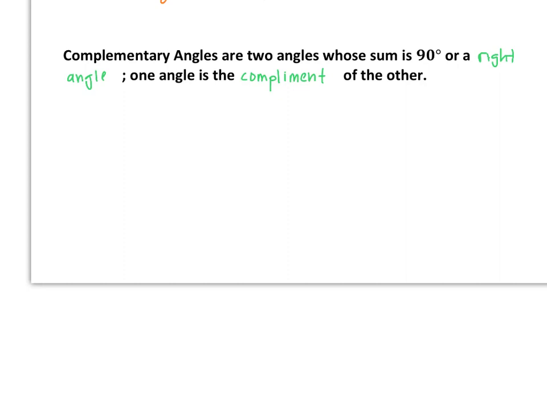So let's draw a 90-degree angle here. So one and the other there. We'll put my little right angle symbol there, so I know this is a right angle. And we'll label this point W, this point Q, and down here is R. And if we have a ray that comes through this angle, we'll just put it out like this.